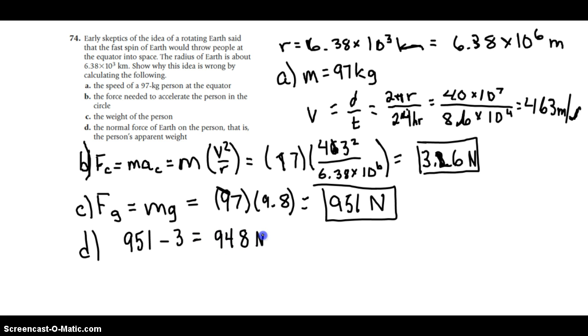Now definitely not much of a difference there, especially with sig figs we're given, it'd be 950 newtons both ways. But essentially, not going to make a difference with that normal force of Earth pushing us off, because Earth's gravitational pull will still overcome us and we won't go flying away just because the Earth is rotating.